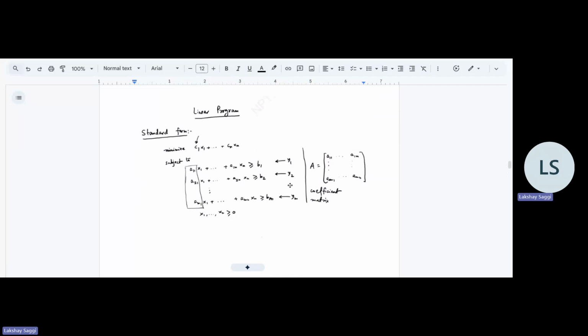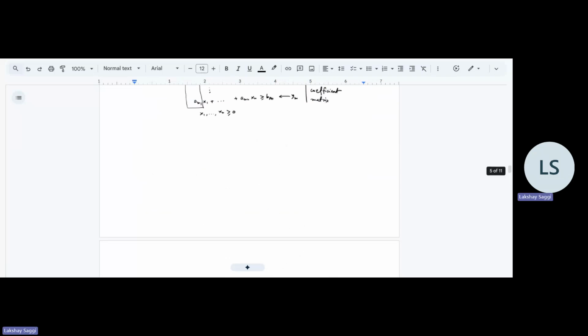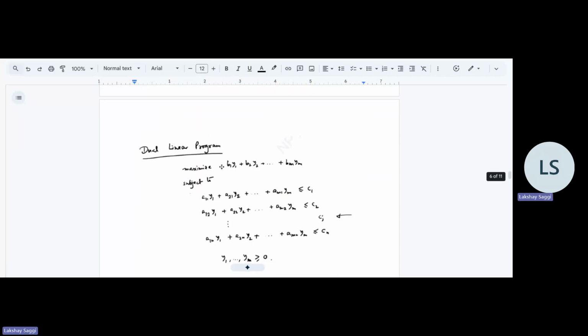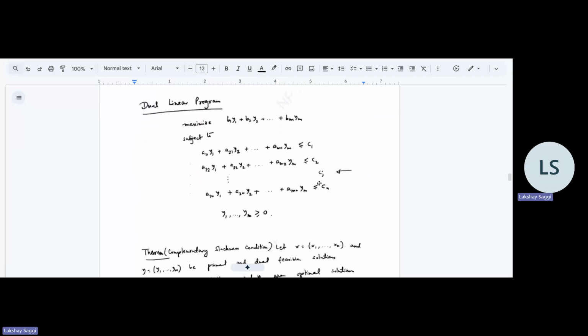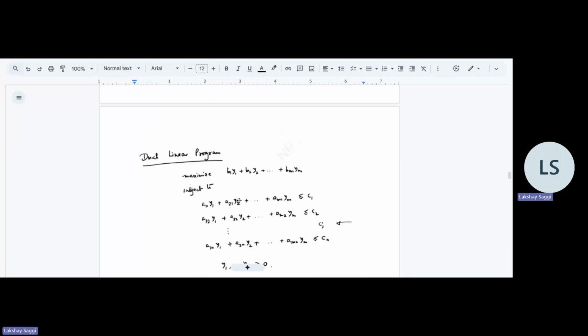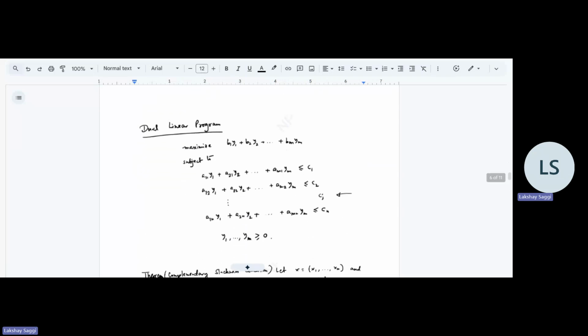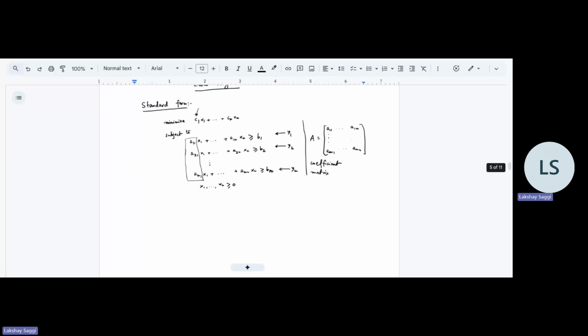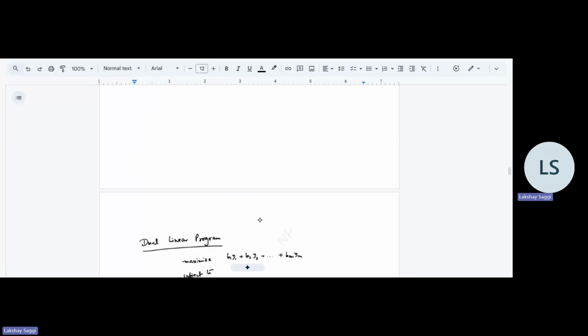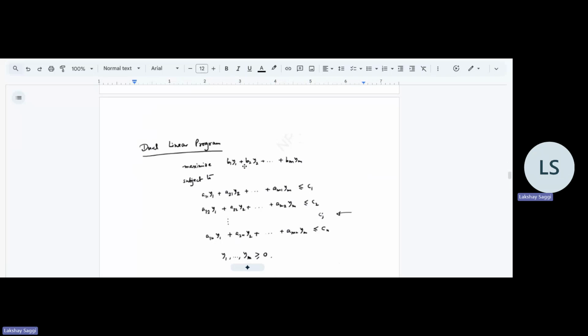So the dual LP has m variables, and all the original variables correspond to constraints, so we have n constraints, and all the non-negativity constraints are still there. Apart from these non-negativity constraints, the number of constraints and variables gets interchanged. So the primal LP has n variables and m constraints, and the dual LP has m variables and n constraints.